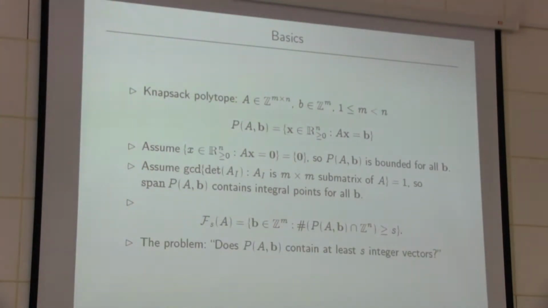So very well known in integer programming is asking if the Knapsack Polytope contains, say, at least one or at least s integer points. So the set F_s of A is, roughly speaking, containing all affirmative answers to this question. Say it contains all integer vectors b for which the answer to this problem is yes. Okay?